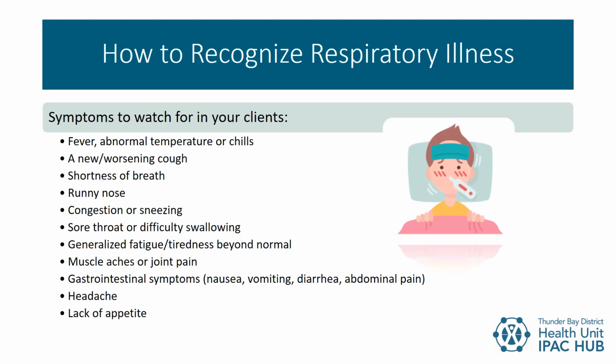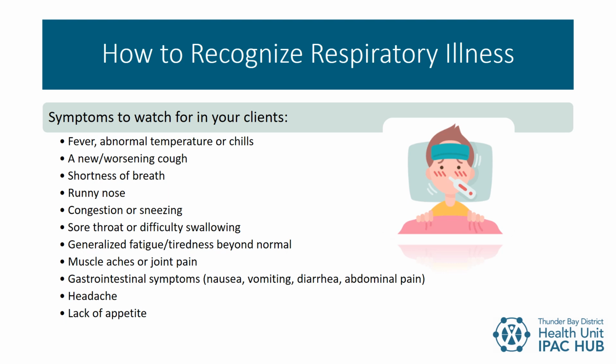How to recognize respiratory illness. Part of preparing ahead of time and recognizing cases early is routine monitoring of respiratory symptoms. Typically, they can all present in similar ways, and clients should be monitored at least once daily.